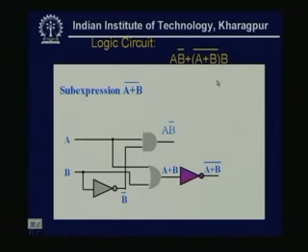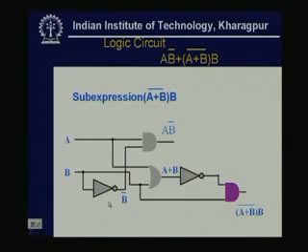Now, again in the expression I need A plus B complement dot B. So, this is my A plus B complement and this B is available. So, actually this B is going here, and this is a 2 input AND gate. So, the output of this AND gate is A plus B complement B.